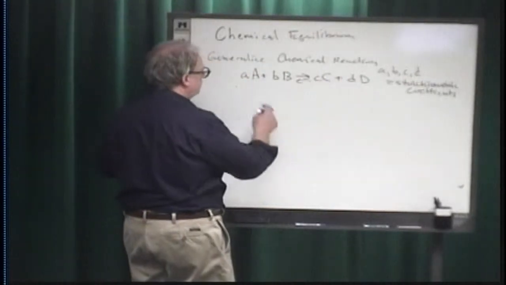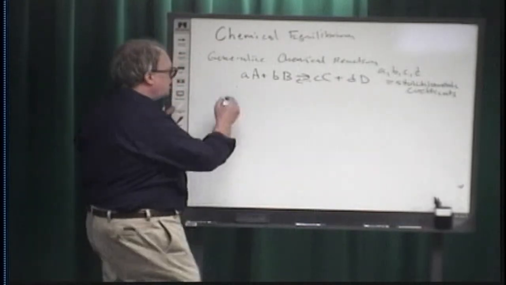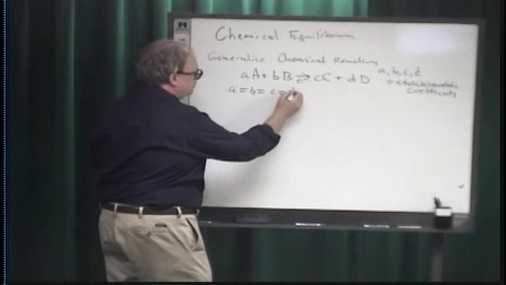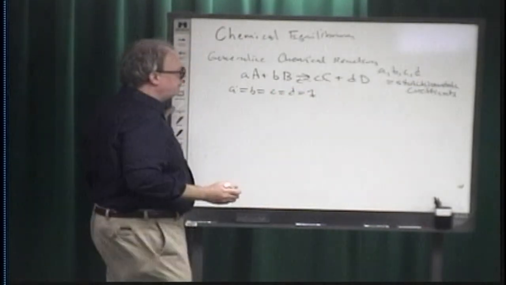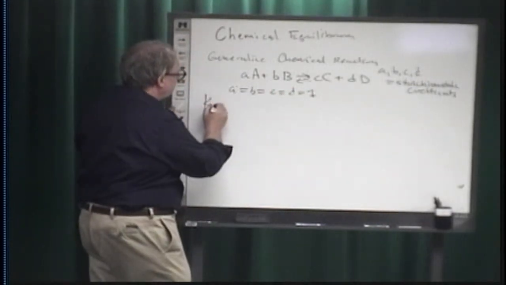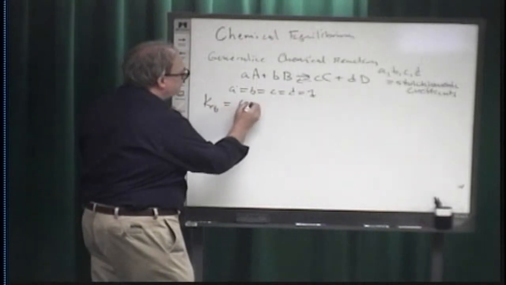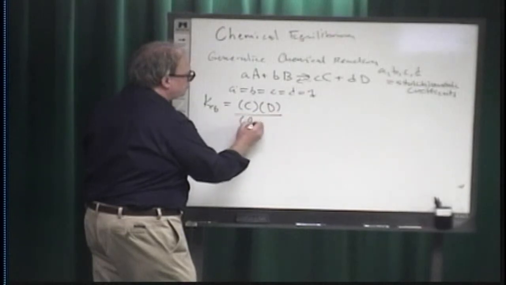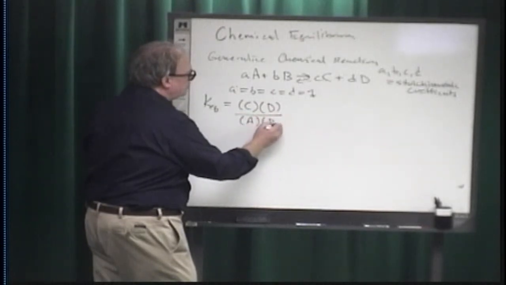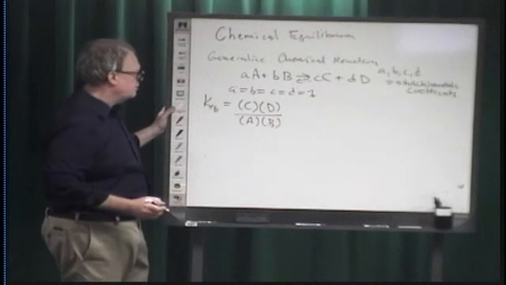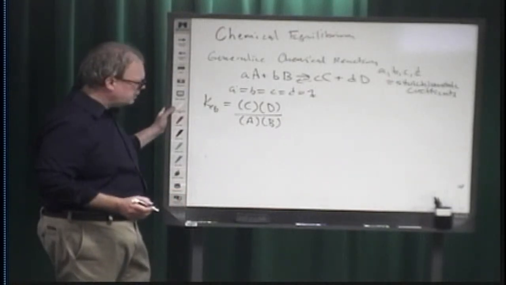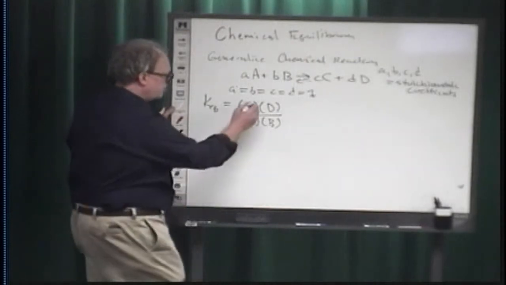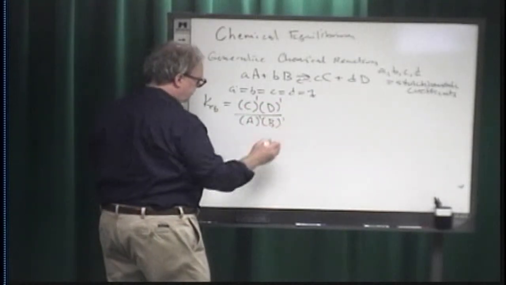So let's take the case where we have our generalized reaction and we set all of the stoichiometric coefficients to 1 just to simplify things. So our equilibrium constant would then be the concentration of C times the concentration of D over the concentration of A times the concentration of B, because the stoichiometric coefficients are all just 1.